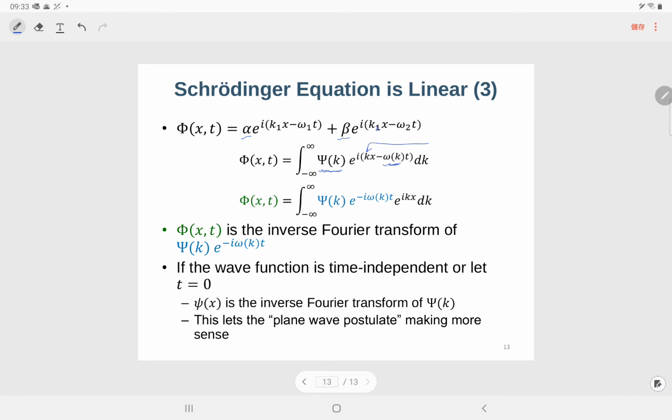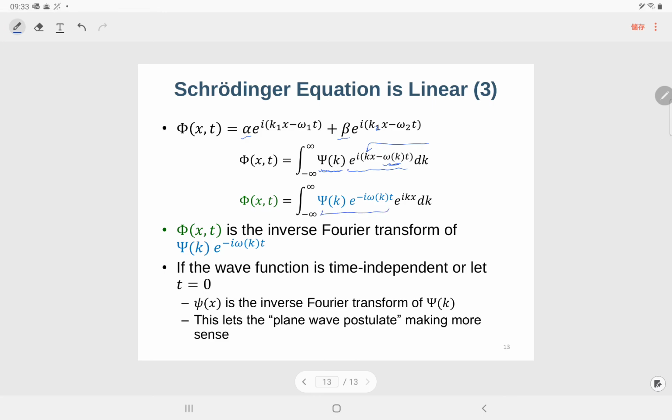So this is called phi k, and then we multiply with different plane waves with different k, and then we add all of them together. But there are infinitely many k, so we need to use the integration.